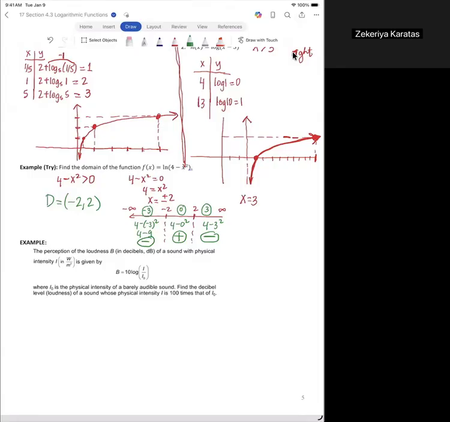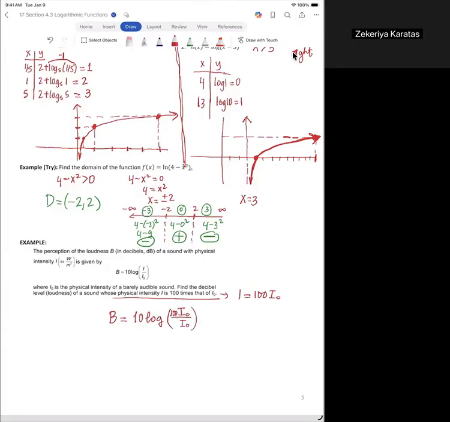Here it says if a sound has a physical intensity 100 times that of the barely audible sound, can you find its decibel value? It's pretty straightforward because it's given as a quotient. Quotient means you're looking at the multiple of that actual value. So I is simply 100 times I0. Let's plug that back in. It's going to be 10 times log of 100 times I0 divided by I0.